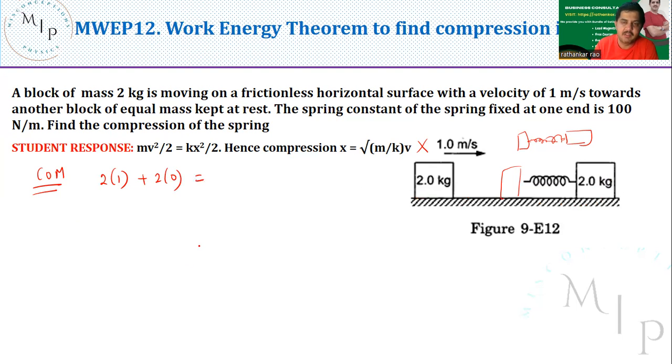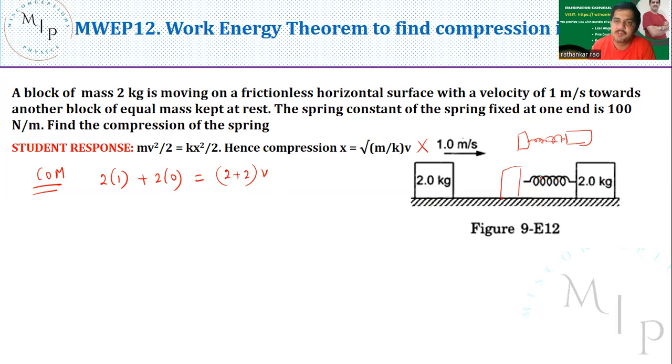This should be equal to final momentum. When do we consider final momentum? When both the objects are moving at the same speed. If I just remove the spring, it's equal to saying two blocks are connected together and moving. So it is 2 plus 2 multiplied by V. Both are sticking together and moving.